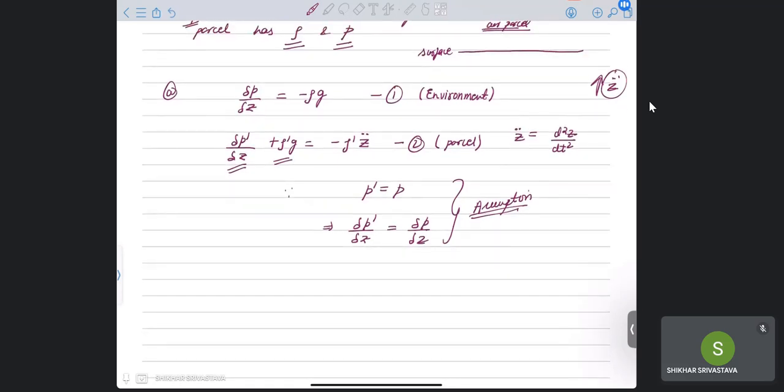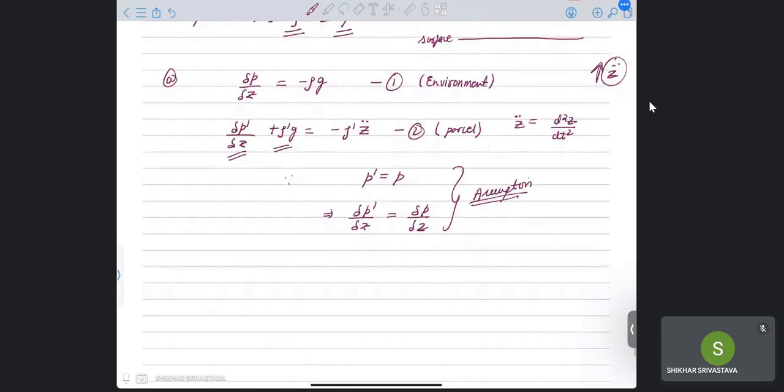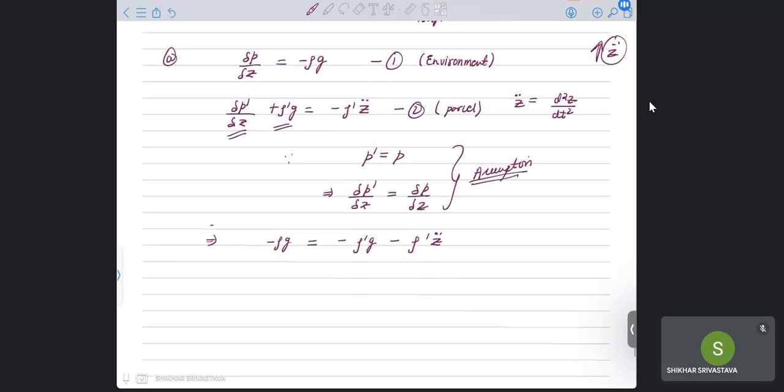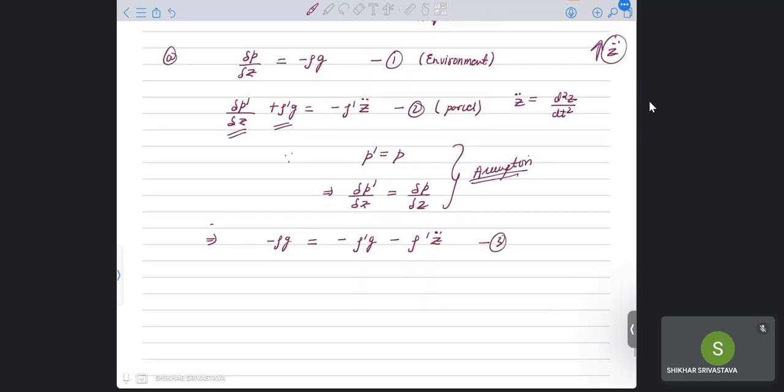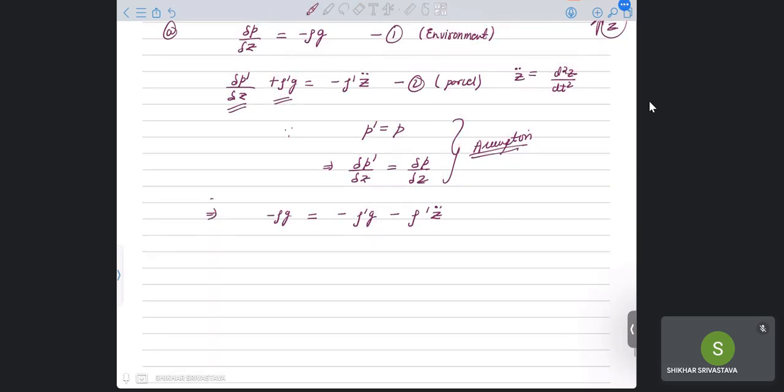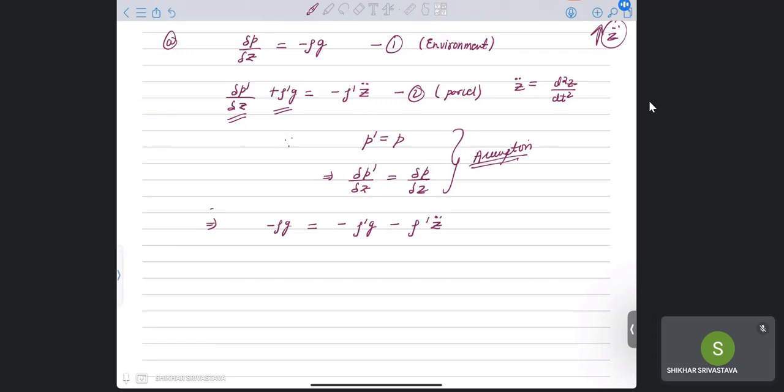So if we use this assumption in equations 1 and 2, we can write minus rho G is equal to minus rho dash G minus rho dash Z double prime. I replaced this with del P by del Z and equated 1 and 2, so this is what we get.